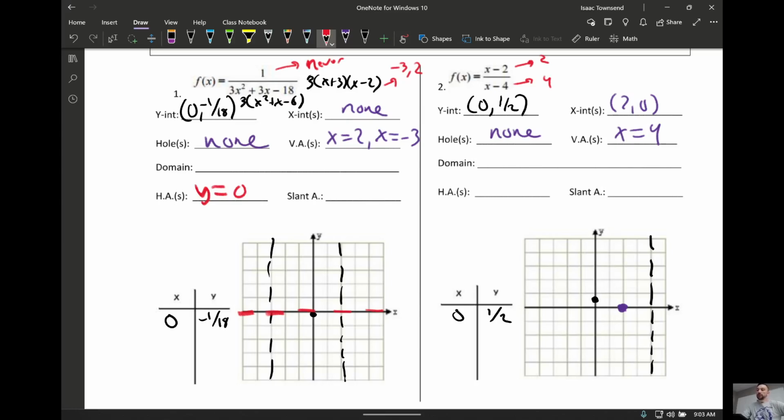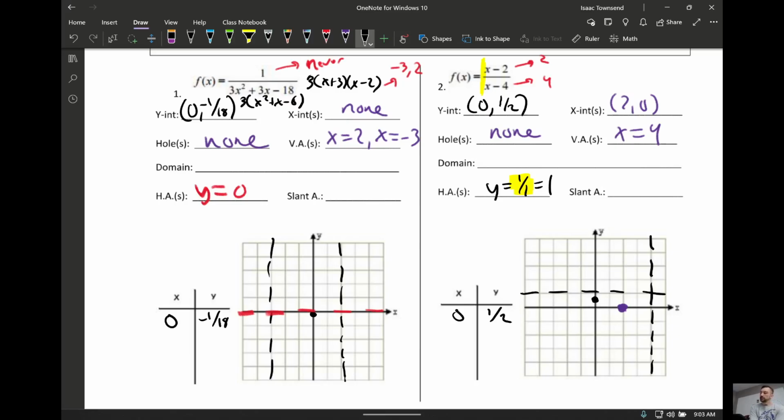In question 2, the degree of the numerator and denominator are equal, so it's going to be y equals leading coefficient over leading coefficient, which is 1 over 1. So this guy has a horizontal asymptote at y equals 1. All asymptotes, graph them as dashed lines.